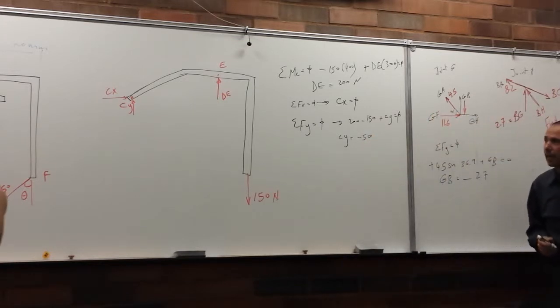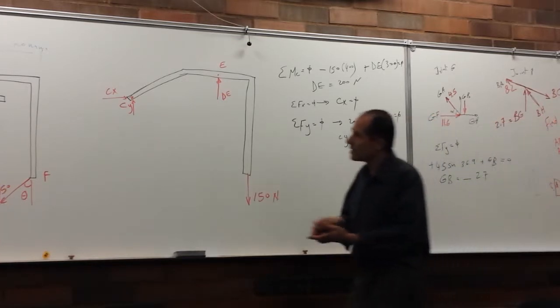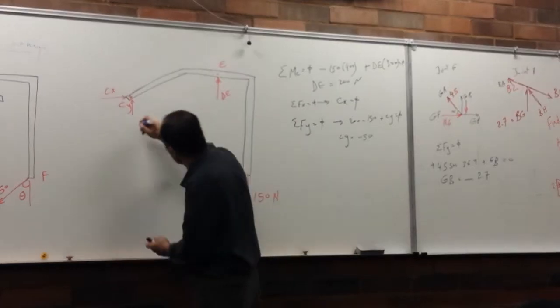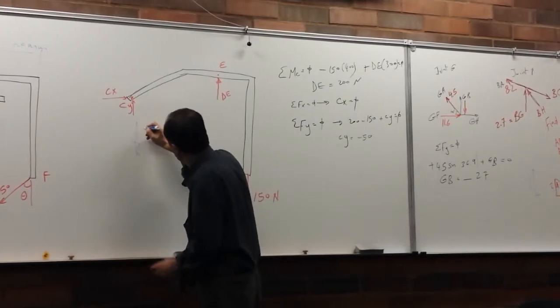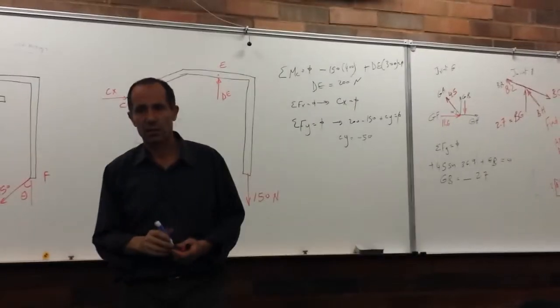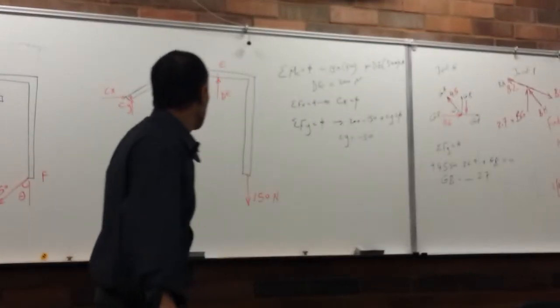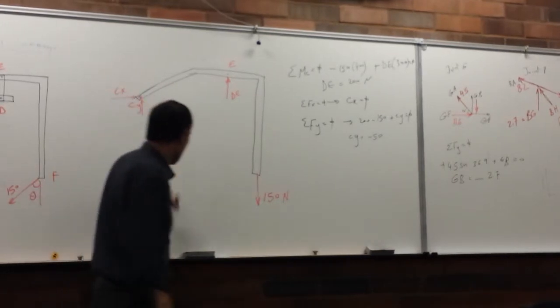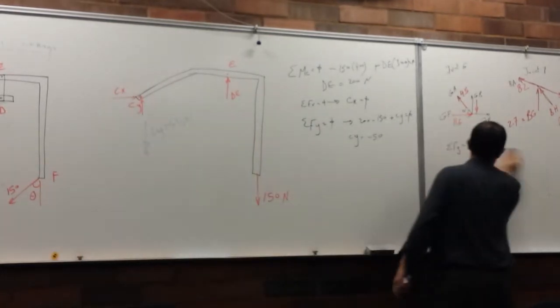Correct? Negative 50 means the real CY is here. CY equals 50 newtons in this direction. This is very important to fix in here before you move.